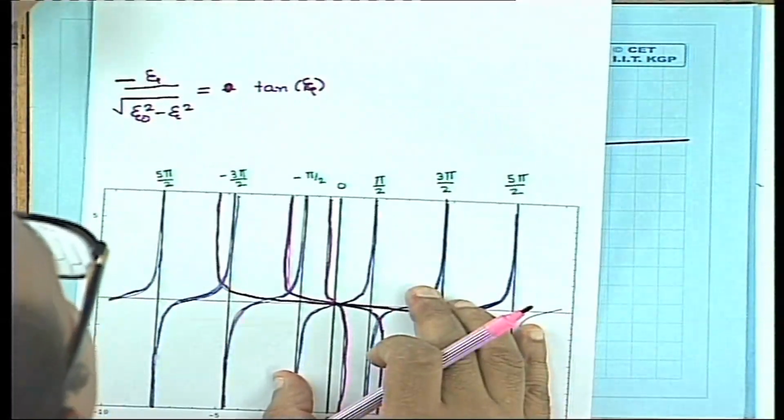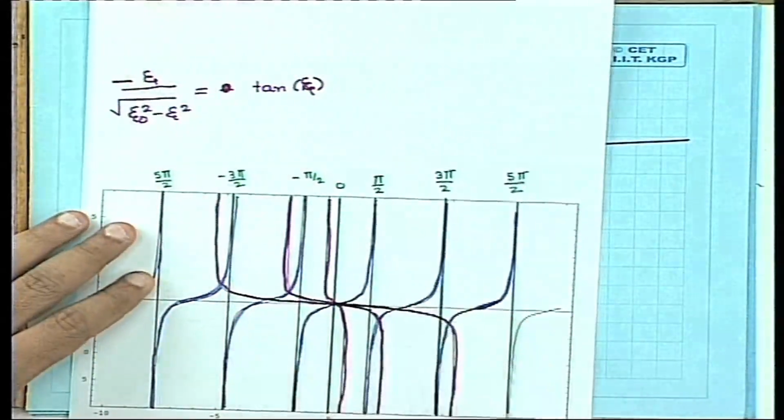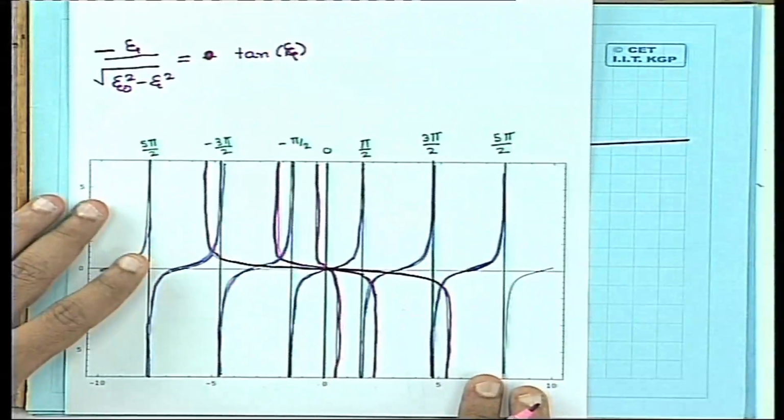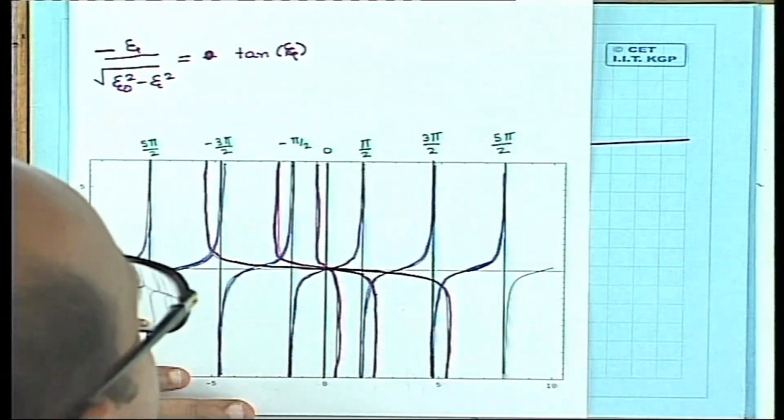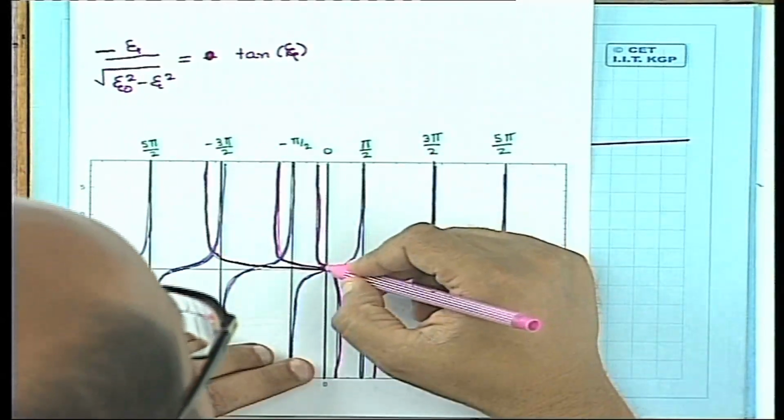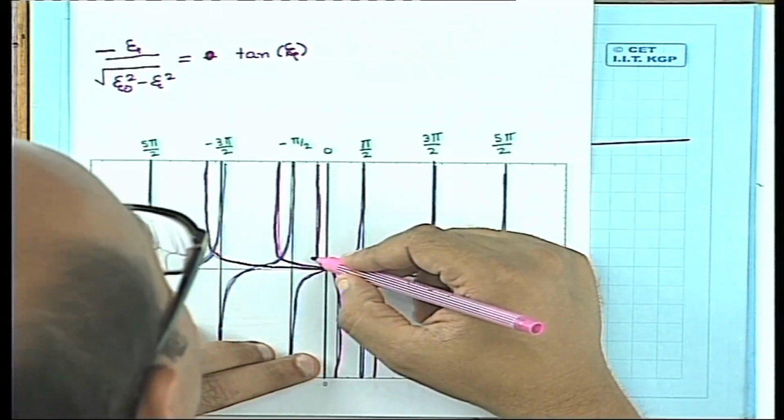So let us look at a situation where xi naught is very small, less than pi by 2.